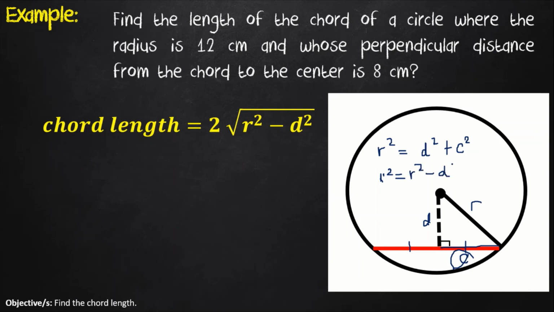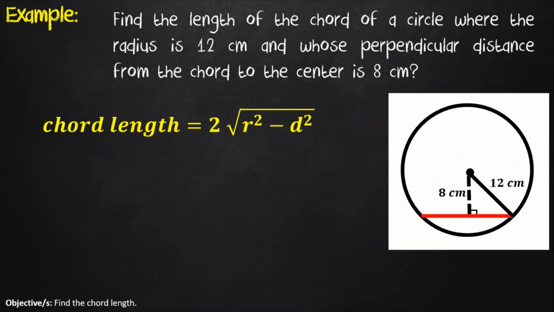And to solve for c, we get the square root of both sides. Kaya, nagkaroon tayo ng square root of r squared minus d squared. Okay. That is for this part only. Pero since ang hinahanap natin ay yung chord length, since ito ay equal to dito, so times 2 lang tayo. Kaya nagkaroon tayo dito ng 2 times the square root of r squared minus d squared.